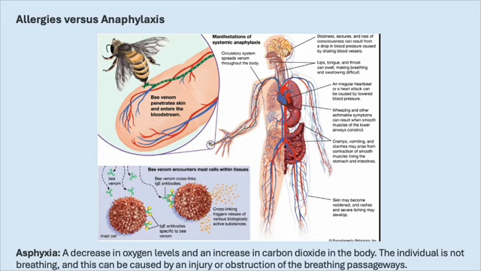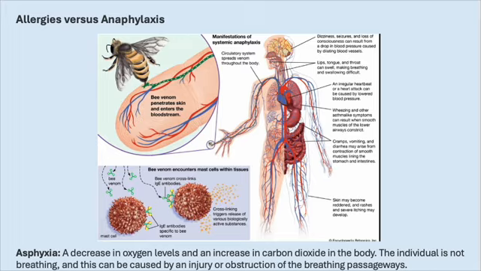The respiratory system is affected as well. So smooth muscles in the airways constrict, called bronchoconstriction, the constriction of the bronchi and even the bronchioles, causing wheezing, making it difficult for air to move. And if the reaction continues, it can lead to asphyxia.